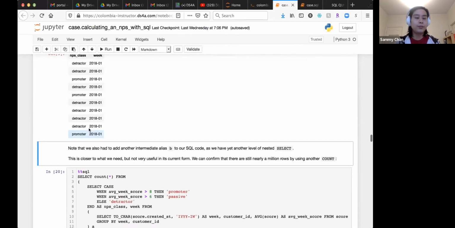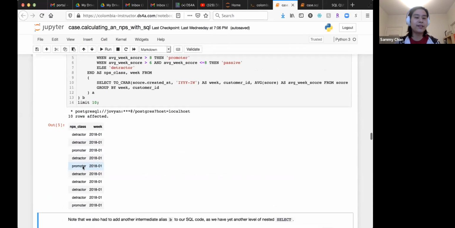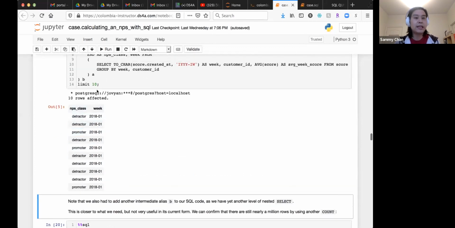Since we didn't really do this, the format that we're asking it to display isn't very helpful. First, we're only displaying limit 10, so only 10 rows, which would all be reflecting the scores for the first week of 2018.